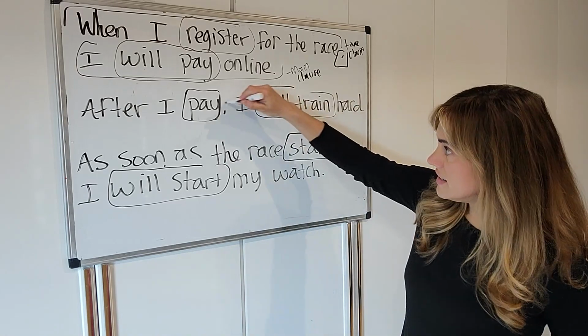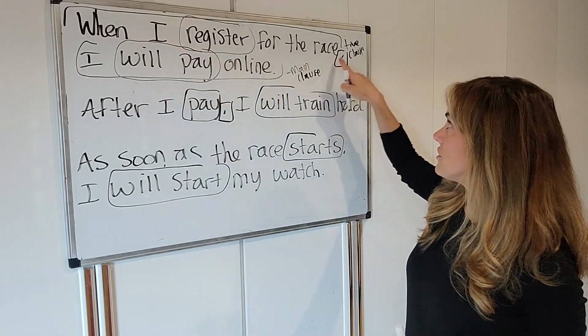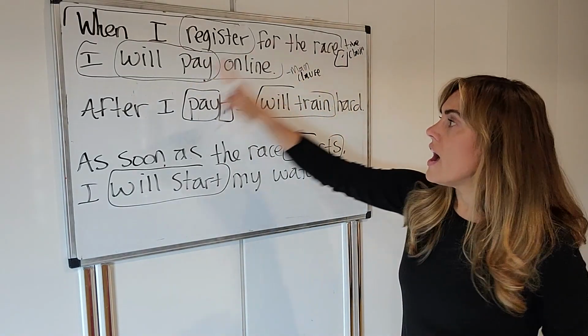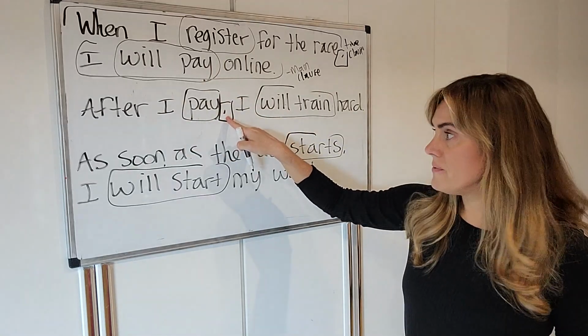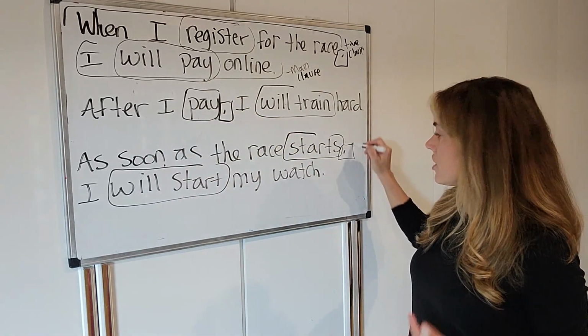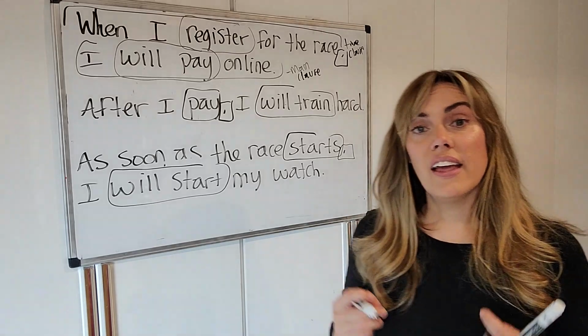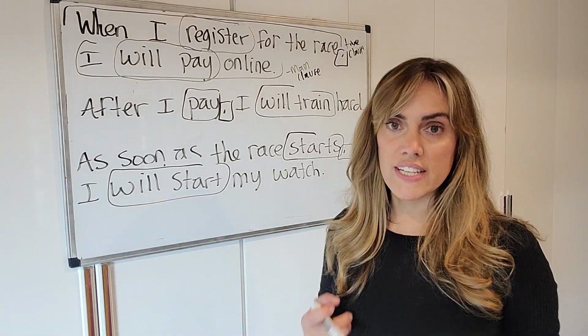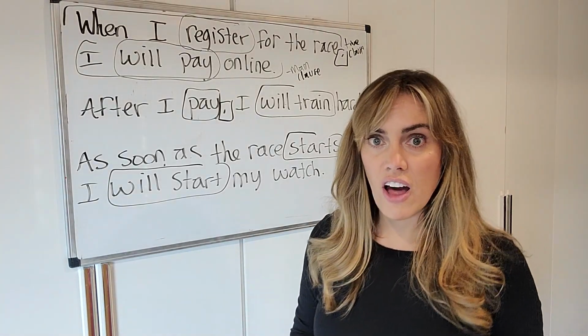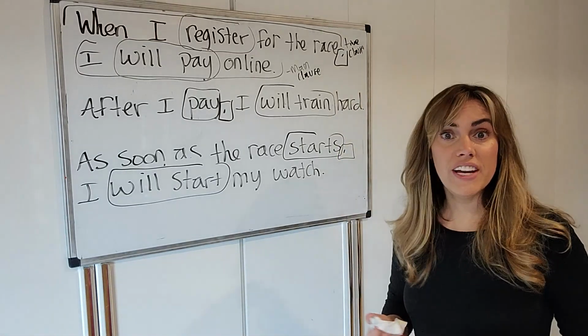So you see, when I register for the race, comma. After I pay, comma. As soon as the race starts, comma. If you start your sentence with the main clause, then you don't need a comma.